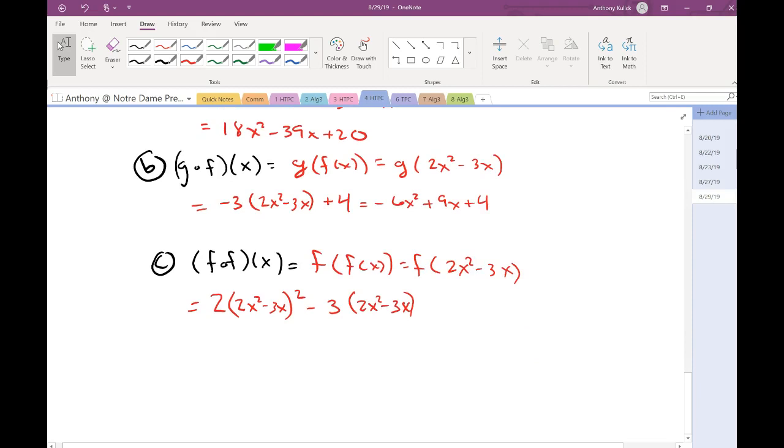The first thing I should do to simplify is to take care of that exponent. To take care of that exponent, I need to FOIL. This foiling that I'm going to do here, I'm just going to do in my head. I warned you guys that this was going to be the only time I write out a FOIL. It was earlier. You're not going to trick me into doing it now.